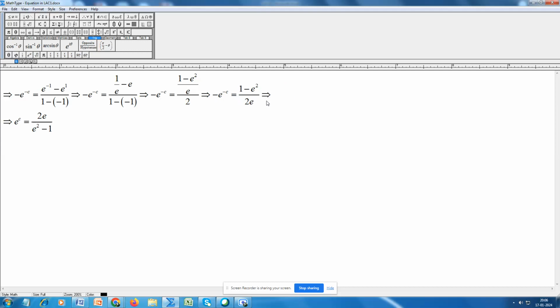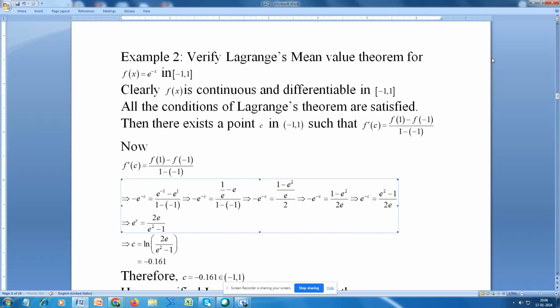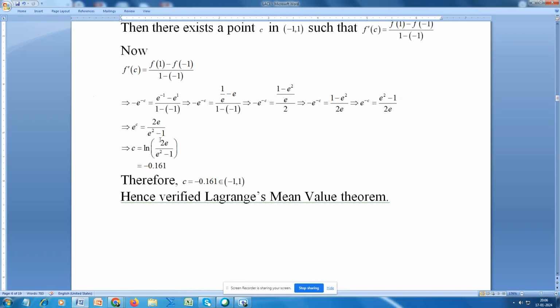Now cancel the minus. Now take the reciprocal: e power c equal to 2e by e square minus 1. So c is equal to log of 2e by e square minus 1. The value is minus 0.161, which lies between minus 1 and 1. Hence verified Lagrange's mean value theorem.